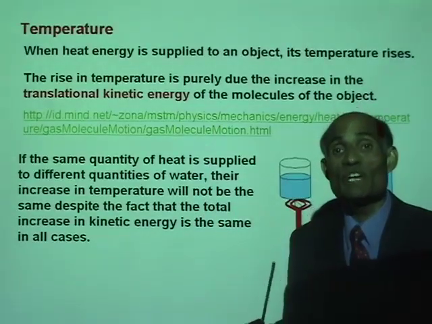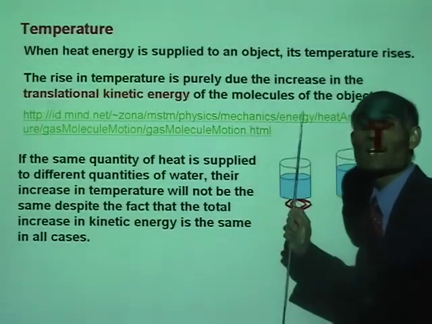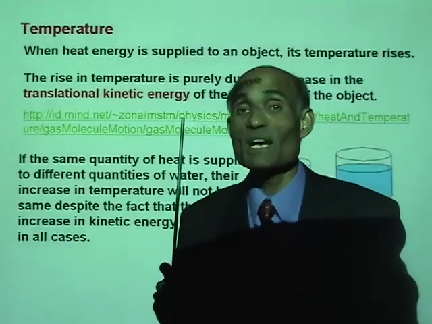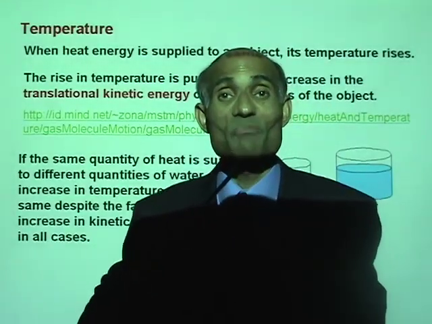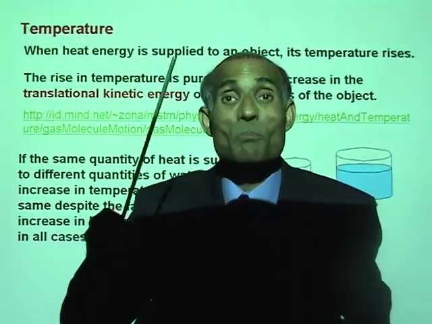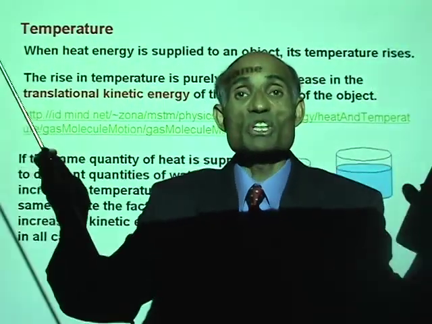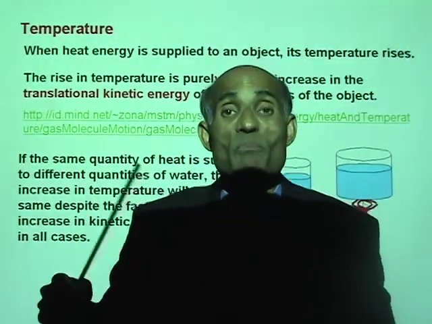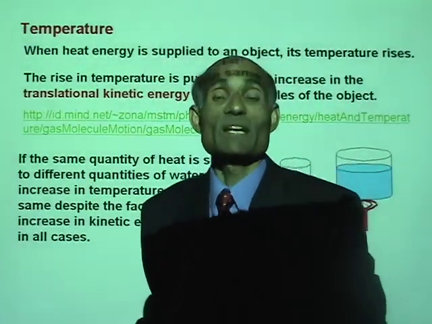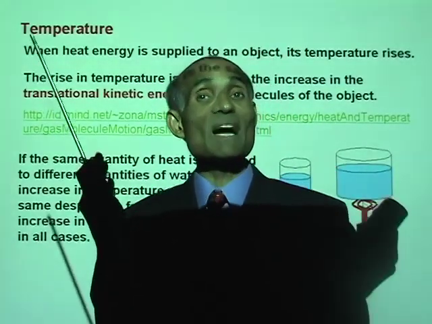That means the increase in kinetic energy per molecule is greater in the small beaker than in the big beaker. That tells us that temperature of an object is a measure of the average kinetic energy per molecule, whereas the internal energy or heat is a measure of the total energy of all the molecules, that is kinetic and potential. So try and distinguish between temperature and heat.